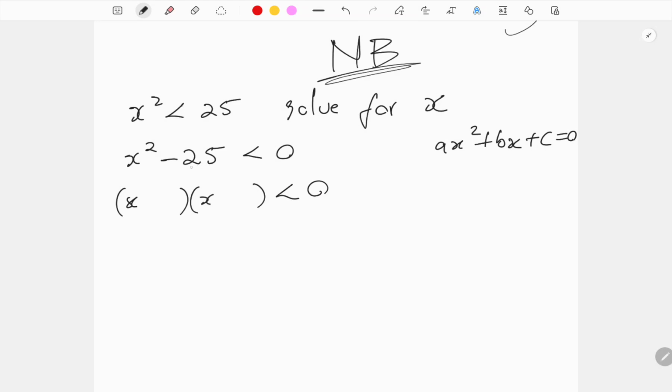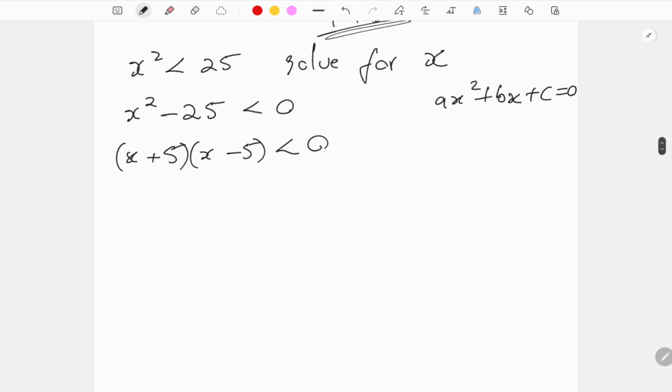Okay, 25, it's going to be 5, yes, and then we have minus, going to be plus and minus here. And then we are saying x plus 5 is less than 0, or x minus 5, they are all less than 0.